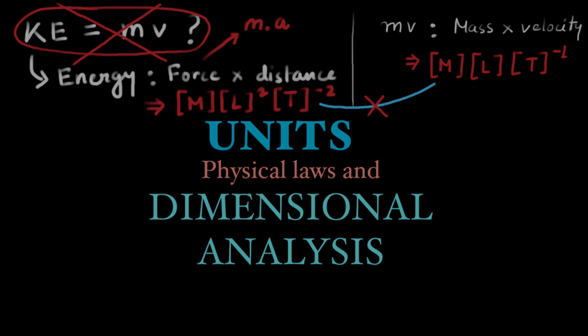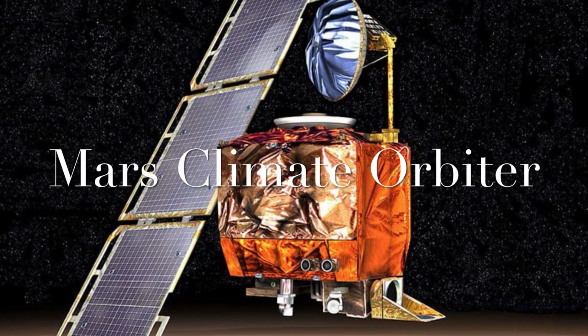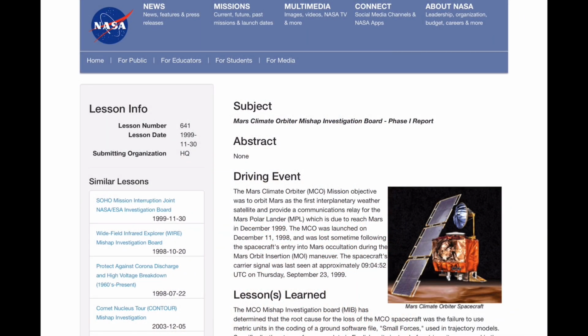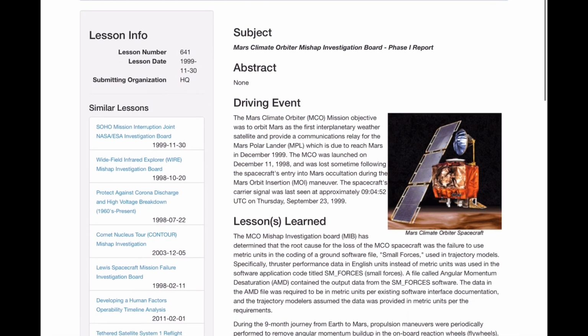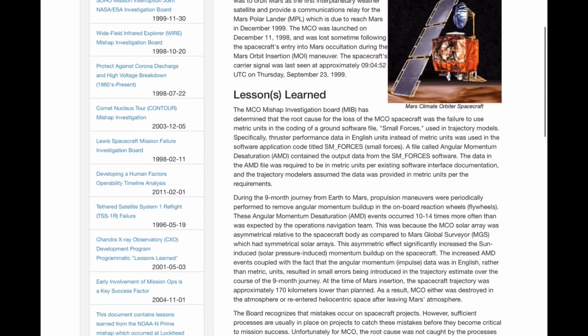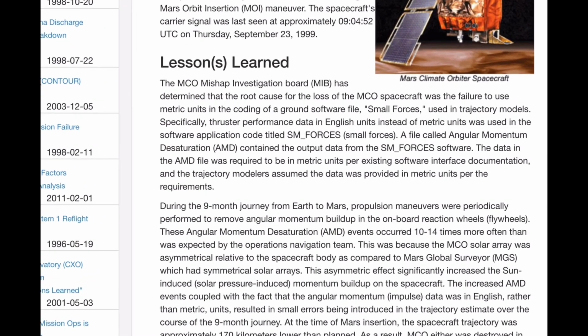And yes, this isn't just academic. So in 1999, NASA launched the Mars Climate Orbiter, a project which was worth more than $300 million. And this was because one team used imperial units, that is the FPS system, for their calculations, while the spacecraft control software used SI units.